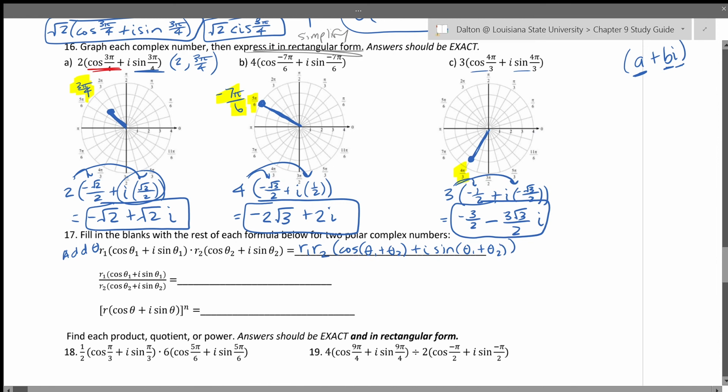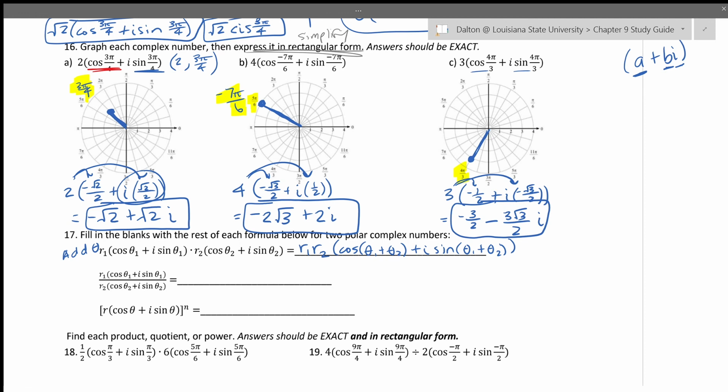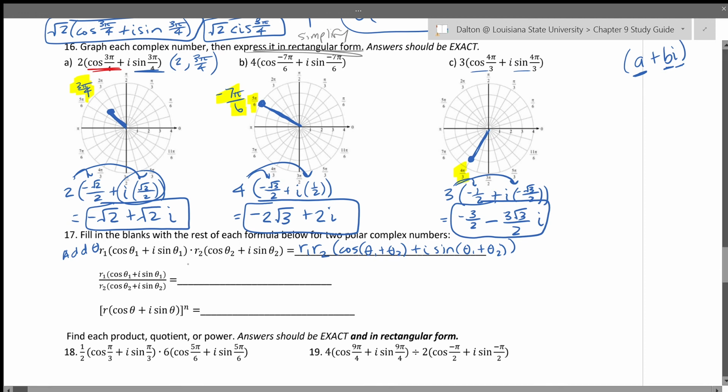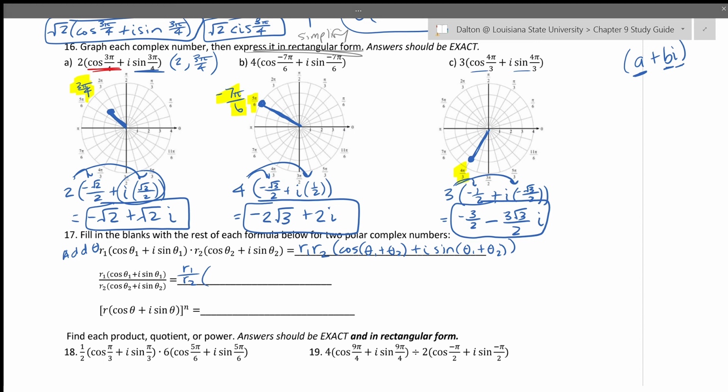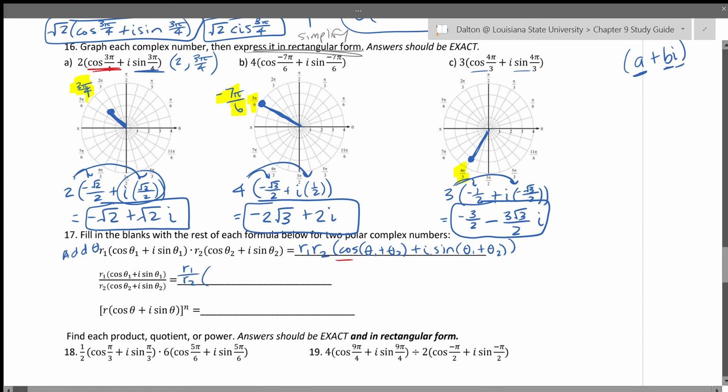Okay, the second one is division. When you divide, just like we did in the last problem, you're still going to divide your r's out front, so r1 divided by r2. Your polar number is still going to have the same setup as the other one, which is cosine plus I sine, right? That's the general form of a polar number, except we are going to subtract our thetas.